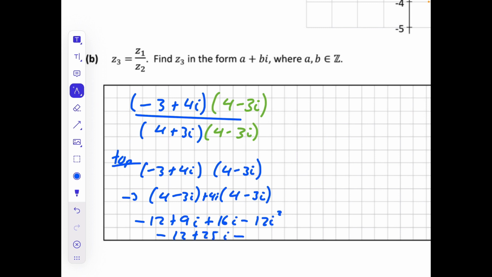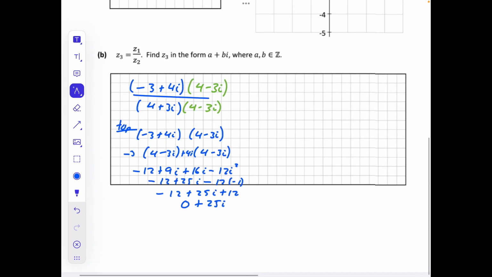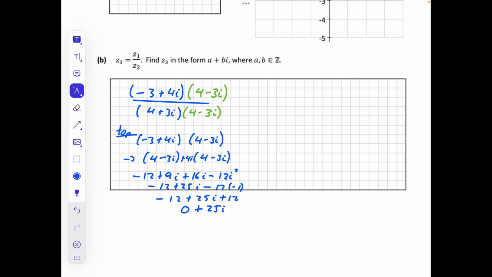That will be minus 12 plus 25i, change i squared to minus 1, minus 12 plus 25i plus 12, they'll actually cancel out, we'll be left with 0 plus 25i. So all the real parts there cancelled out. It is better in complex numbers just to write in that 0.